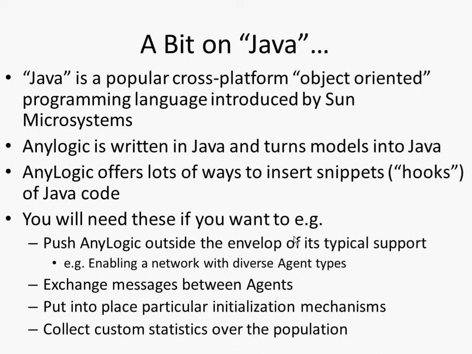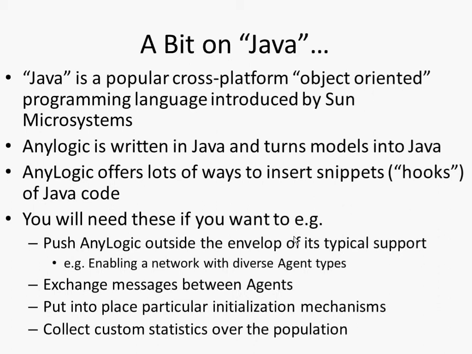It's what we call an object-oriented system, in the sense that information about something is bundled together with the rules for manipulating that thing and behaviors of that thing. And in our case, those things are things like agents.